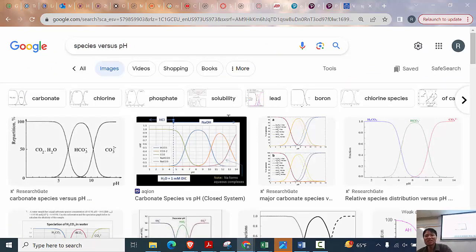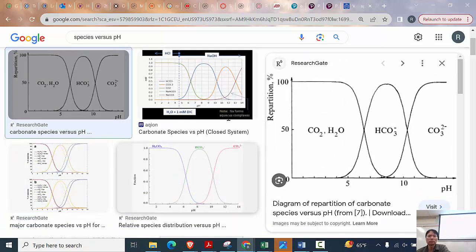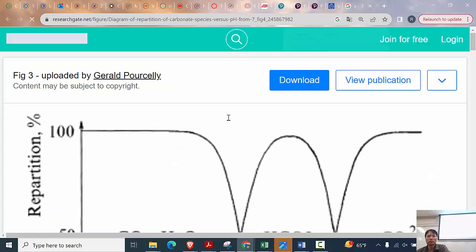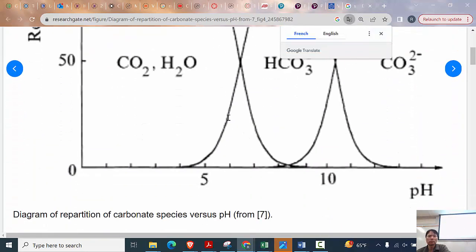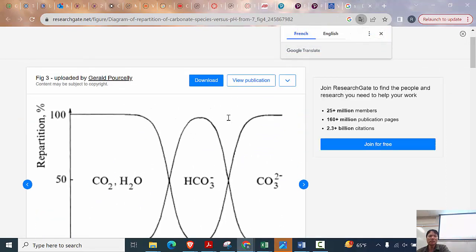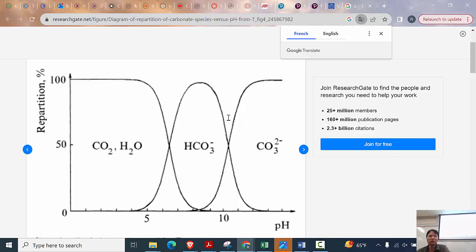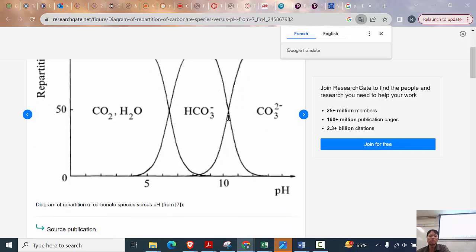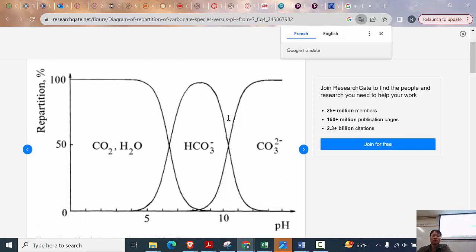And these are speciation curves here. So we could try to titrate things like carbonic acid, CO2, and water, by adding acid or base. So we start off at a low pH, and then we start adding base.